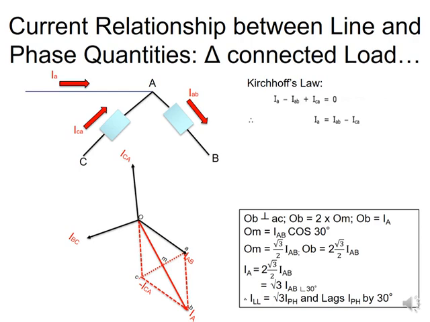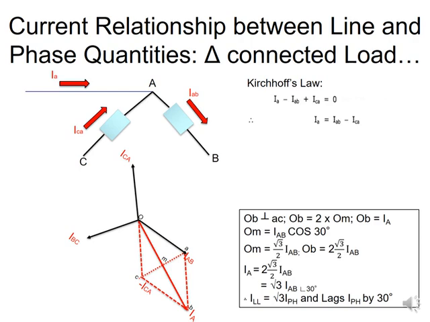My cos 30 is the same as saying square root of 3 over 2. Hence, I get my OM to be equal to square root of 3 over 2 IAB. If I then replace the OM by OB, it will be twice the OM, which will be twice the square root of 3 over 2 IAB. The 2's will cancel out, and I'm left with IA is equal to square root of 3 IAB at an angle of 30. 30 how?